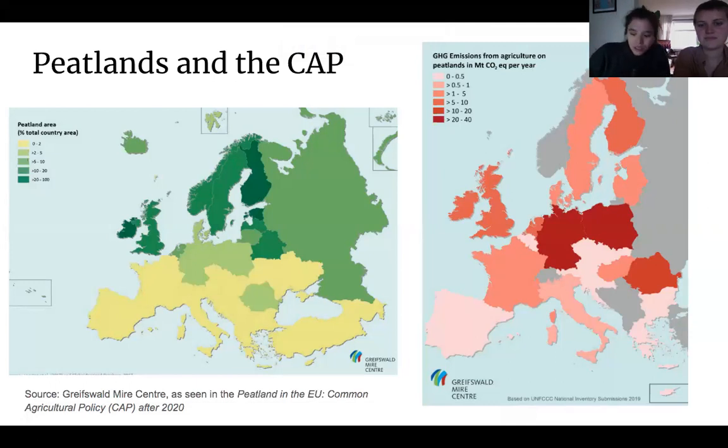So essentially the CAP, which is the Common Agricultural Policy, is the EU-wide policy where a lot of the budget goes from the EU in general, and then decides what initiatives and programs to support. And there are two pillars, and the first one deals with direct payments, so directly supplementing farmers' incomes.